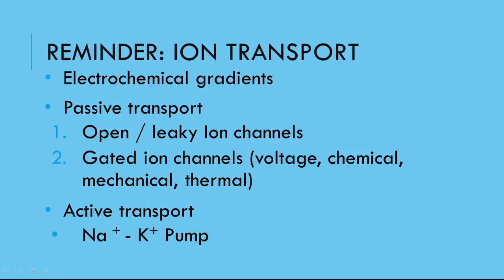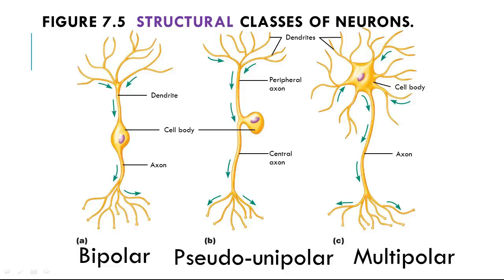So that was a generic looking cell. If we were to contrast it, we can look at structural classification. Looking at figure 7.5, you should see that not all nerve cells look like that awesome looking one that we just saw. There's some modification. Some cells are referred to as bipolar, pseudo-unipolar, or multipolar.